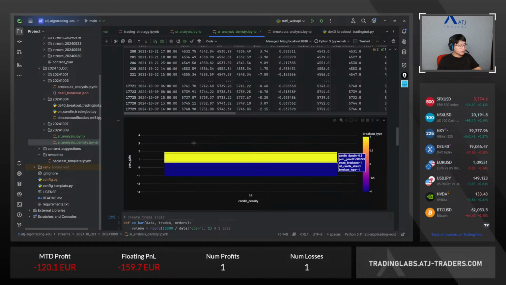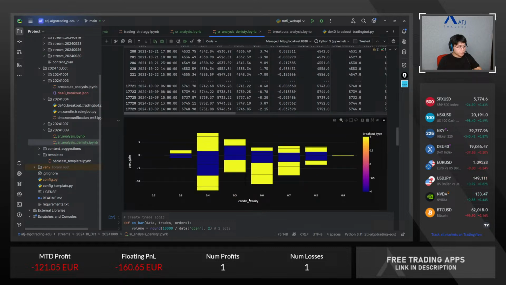Okay, so when the candle density is 0.3, it seems like even breakouts. And the higher density we go, the more interesting it gets.